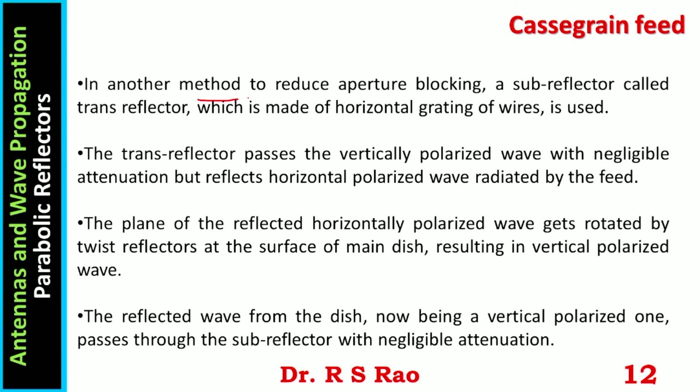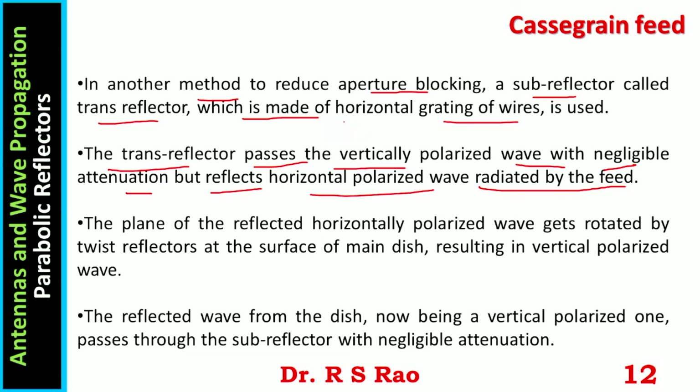In another method to reduce aperture blocking, a sub-reflector called a trans-reflector, which is made of a horizontal grating of wires, is used. The trans-reflector passes the vertically polarized wave with negligible attenuation but reflects a horizontally polarized wave radiated by the feed. It describes the functioning of the trans-reflector. The plane of the reflected horizontally polarized wave gets rotated by twist reflectors at the surface of the main dish, resulting in a vertically polarized wave.